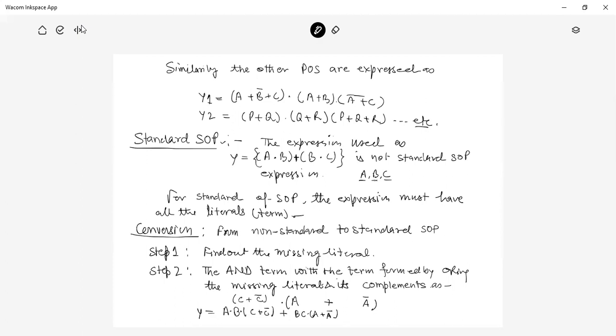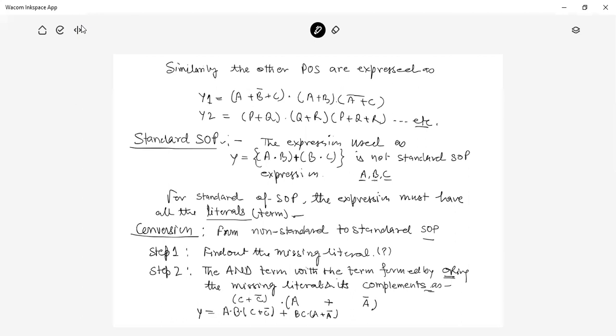The expression must have all the literals in each term for conversion from non-standard to standard SOP. How to convert? Step 1: find out the missing literals, that is, which variable is missing. For example, in A and B, A multiply B, the missing term is C. In B and C, the missing term is A. Step 2: AND the term with the term formed by ORing the missing literal and its complement.